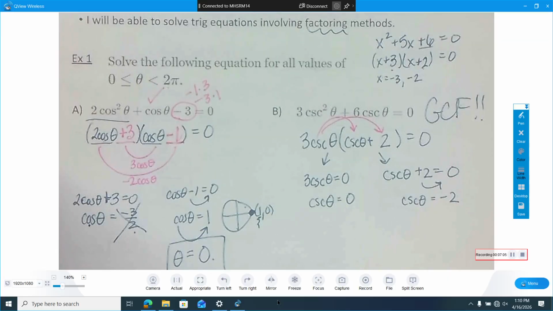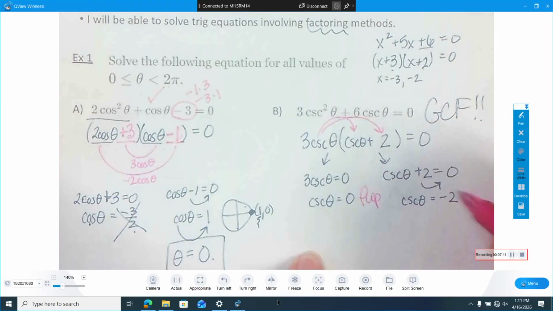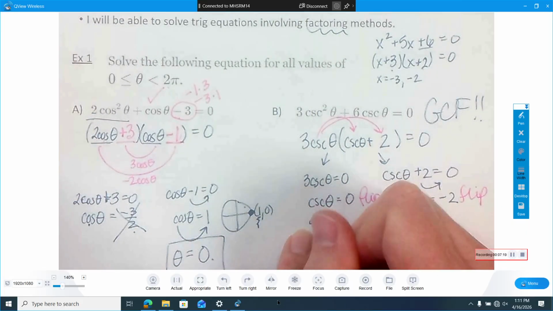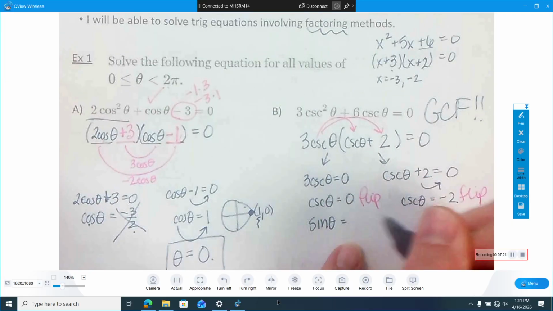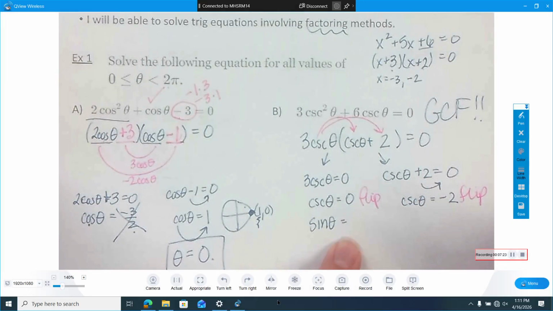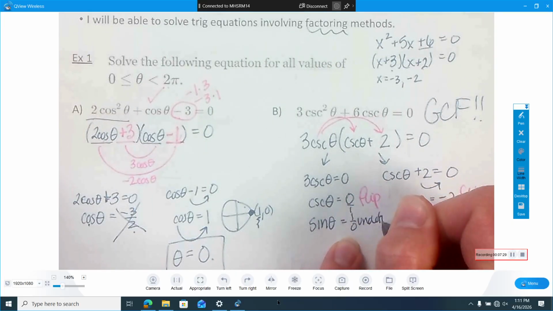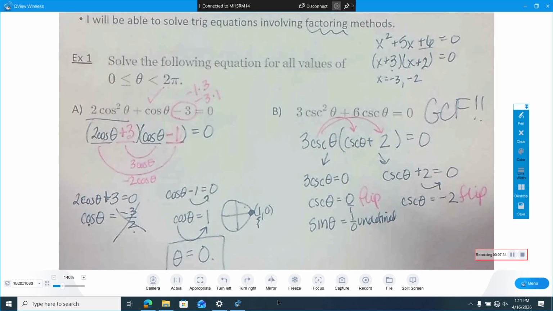But I don't like cosecant so much, what should I do? Flip them. The reciprocal of both of these. What is the reciprocal of cosecant? Sine. And if you flip 0, what do you get? 1 over 0, which is undefined.